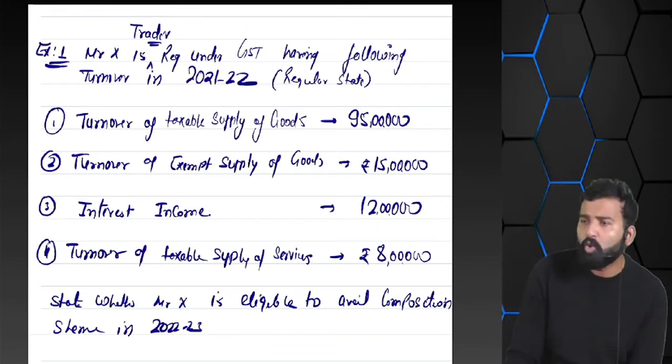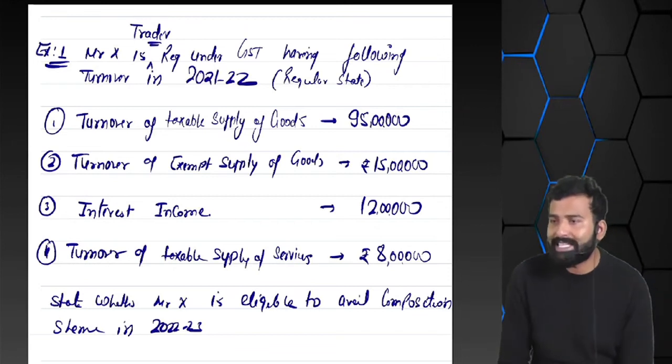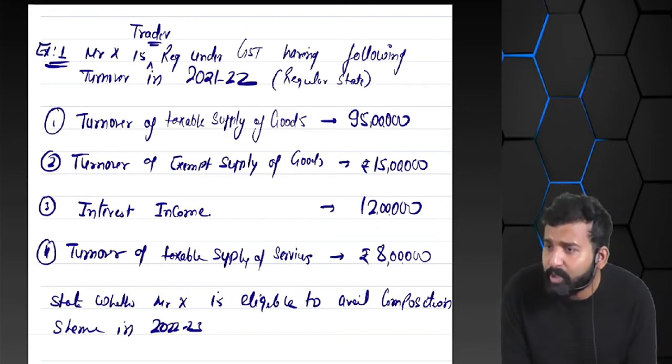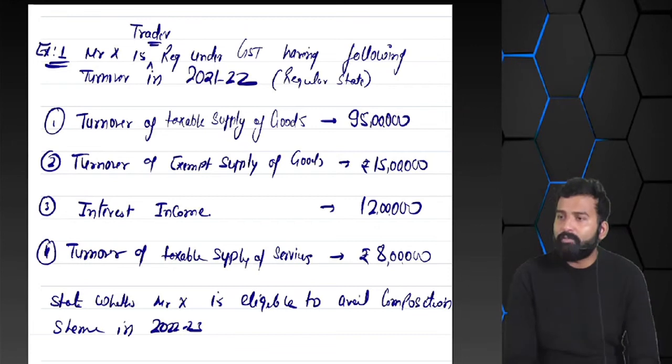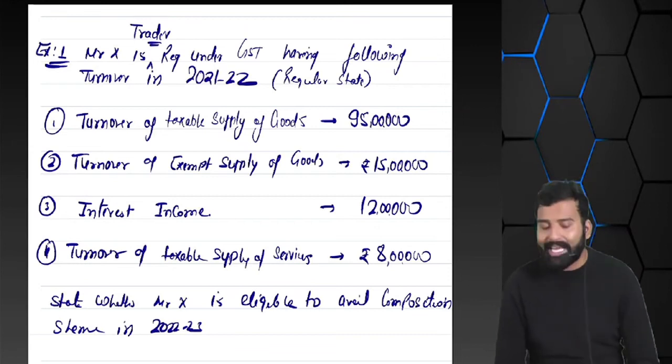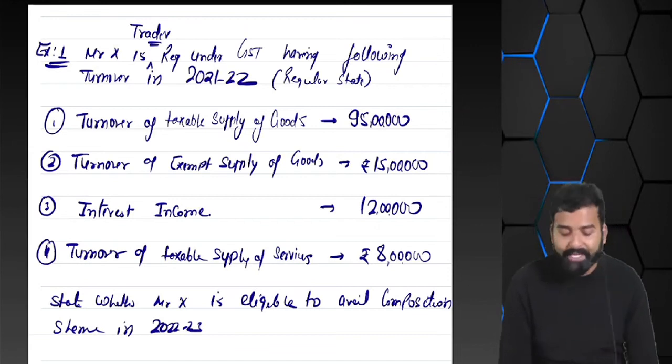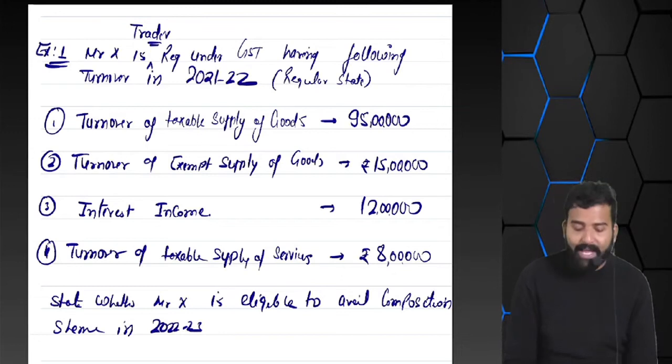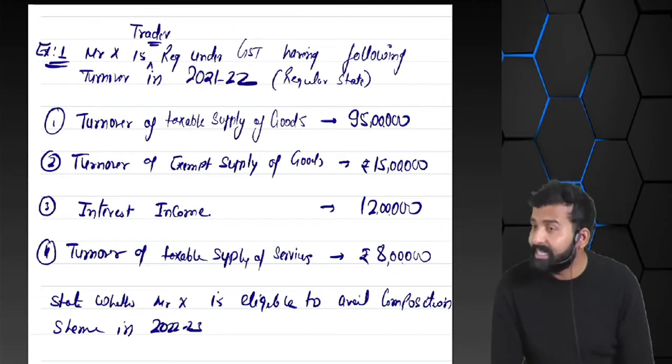I am giving you 2 minutes to solve this example. I have already given you the definition of aggregate turnover. It includes all taxable supply and exempt supply; inward supply under RCM should be excluded, tax should be excluded, and interest income is also excluded.